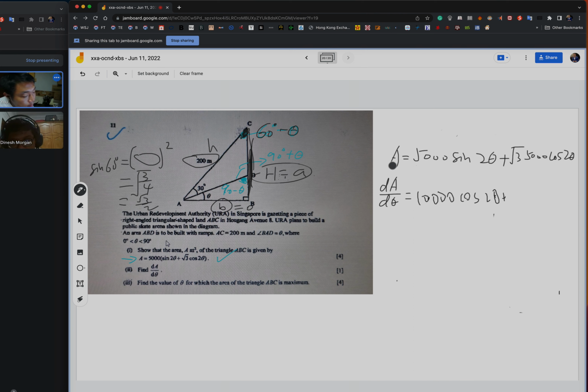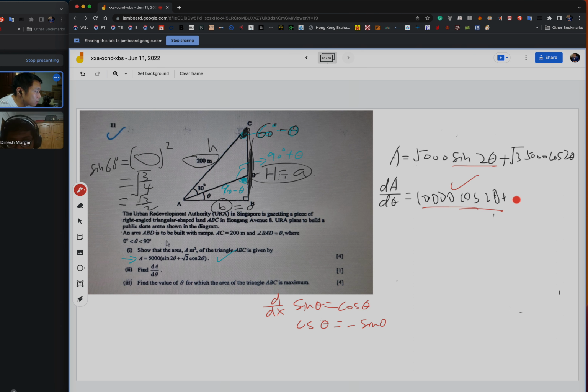So my advice to you when you do the differential of a trigo, it's always good that you write down the trigo out. Okay, so you just refer to it. So this one will give you cosine 2 theta, and then you differentiate inside, so the 2 must be out, so this is correct.